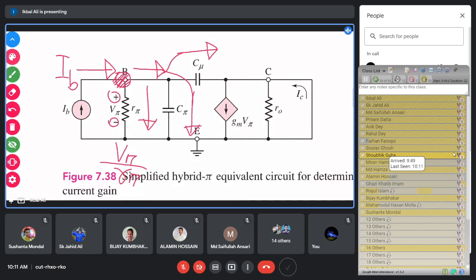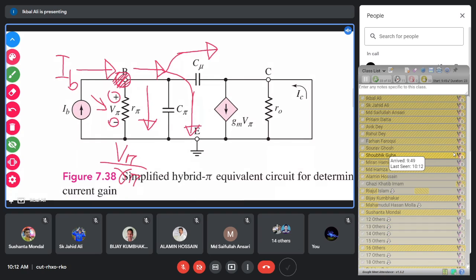What is the current actually flowing through C pi? What is the voltage across C pi? V pi, yes, very good. The voltage across C pi is V pi, because R pi and C pi are in parallel. So this V pi is also the voltage of the capacitor C pi.